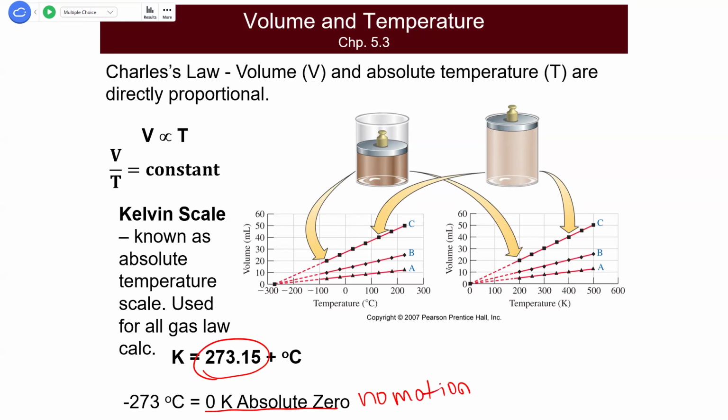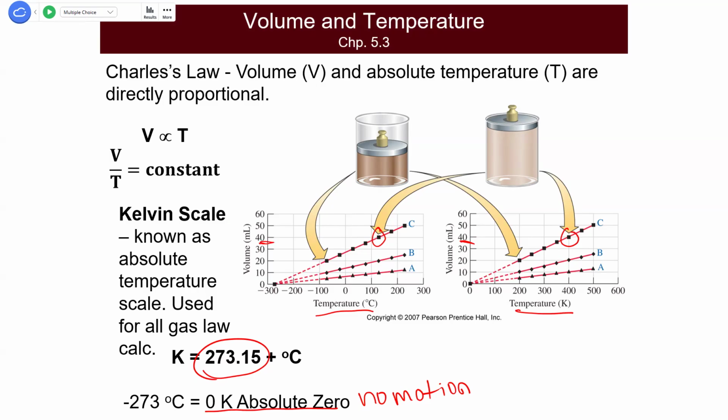Okay, so we can see here that between our Celsius scale and our Kelvin scale, these are the same volumes, right? This is 40 and this is 40. However, they're just on a different scale.